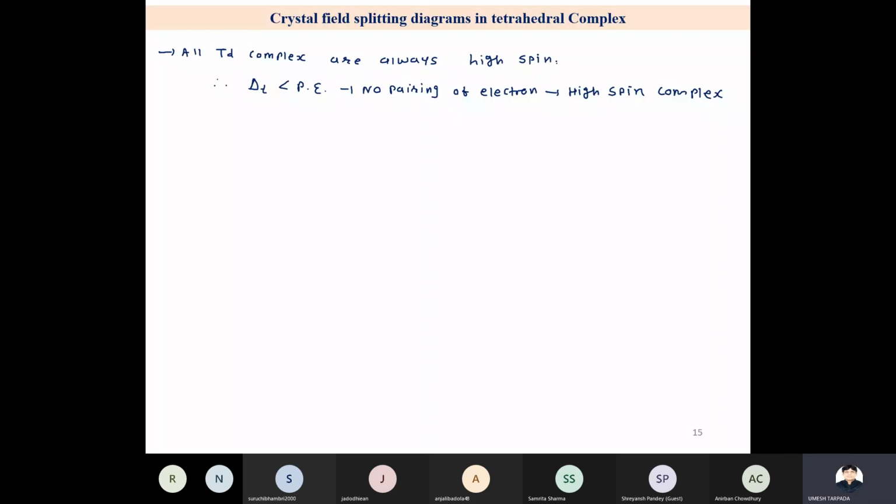So there is no pairing, and that's why suppose you have a d1 configuration. Then how does the electron get arranged? Which orbital fills first? E and T2G, where the T2 set has more energy as compared to E in case of tetrahedral.